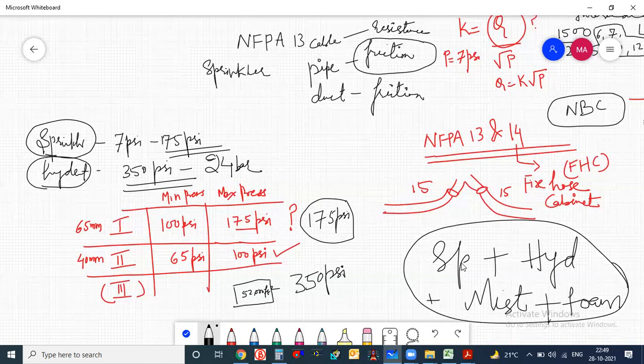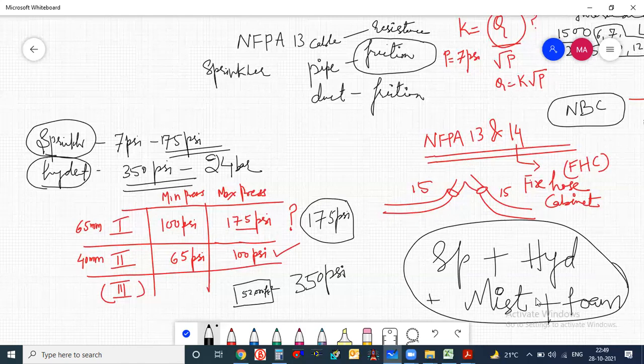So sprinkler, hydrant, and then mist system, which you will understand later. Mist system is also one of the systems. Foam system is also one of the systems.